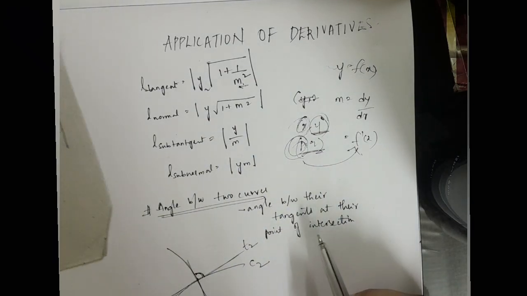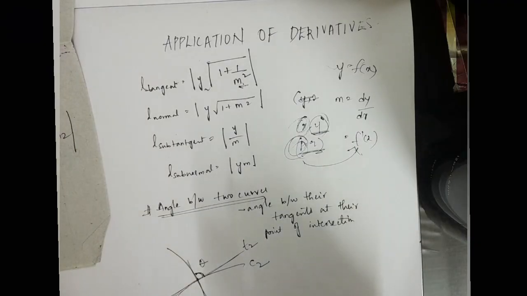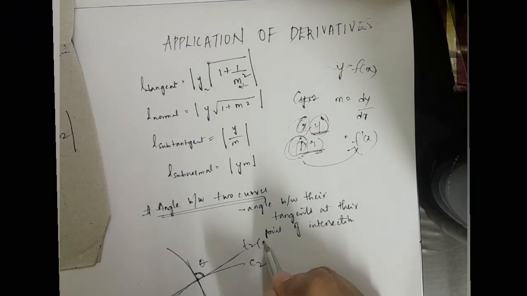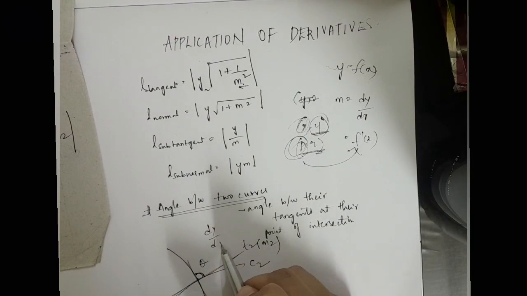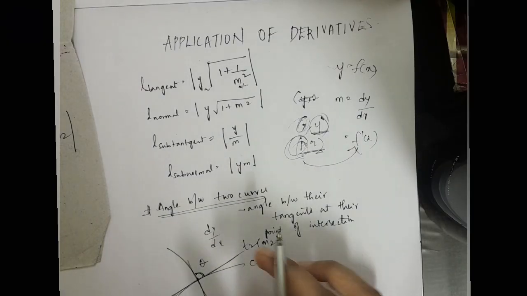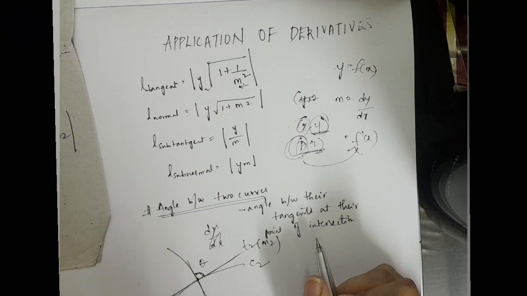So how do you find this angle theta? Basically, you have the slope of these tangents. These are just straight lines, so you can get the slope. That's m1 and that's m2. So how do you find the slope of the tangent? Obviously it's just dy by dx of this point substituted into the tangent equation of the curve.